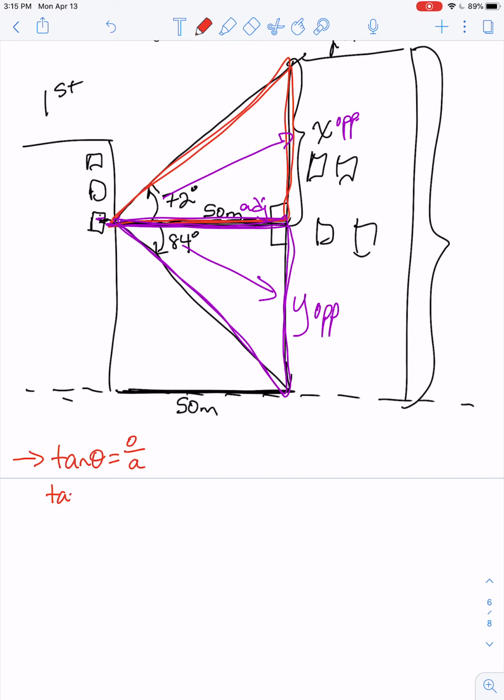And then for the next line, you can write in all of your information. So that's going to be x over 50. So multiply both sides by 50, and you get x equals 50 times the tan of 72, and that is 153.9 rounded to 1 decimal place.